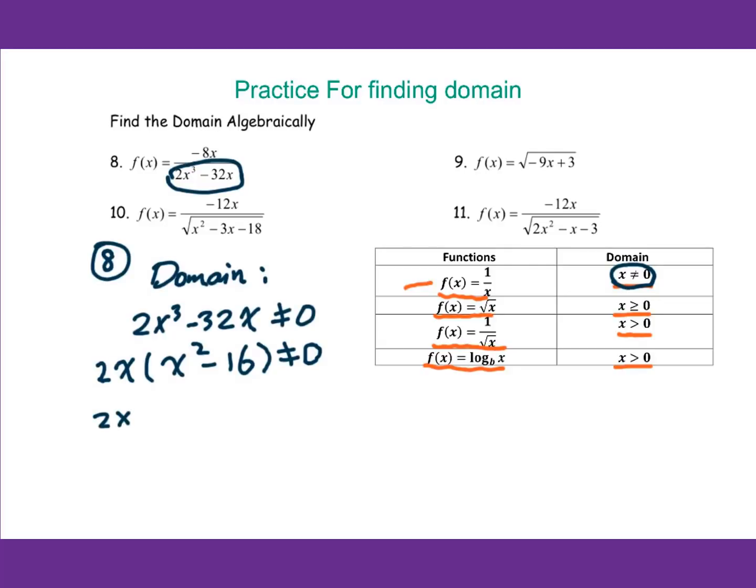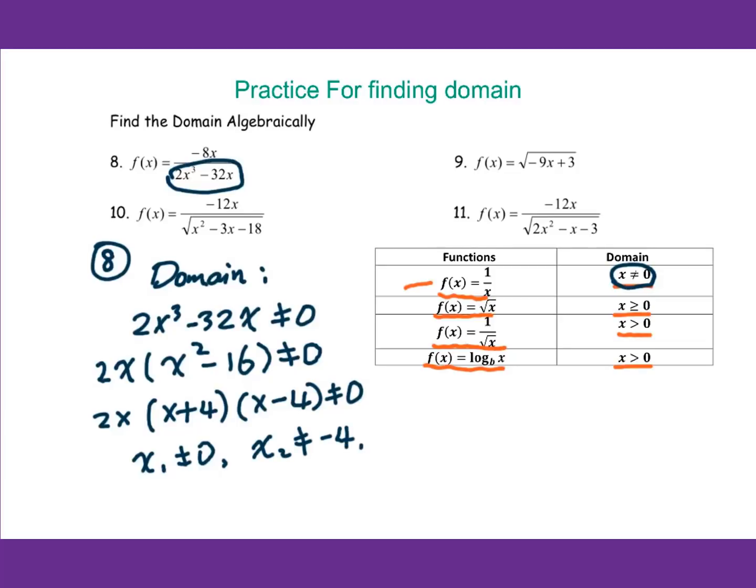Still factor, because we can do factoring, x plus 4, x minus 4 not equal to 0. That means x1 not equal to 0, x2 not equal to negative 4, x3 not equal to 4. So we can write down the domain: x not equal to 0, 4, and negative 4.